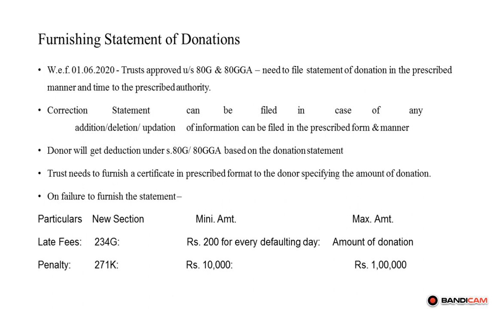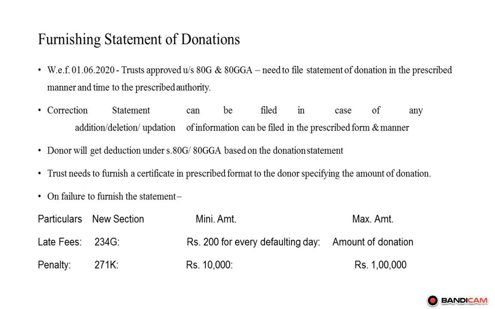A correction statement can be filed in case of any addition, deletion, updation of information, in the prescribed form and manner. If any correction, addition or deletion is made in the statement of donation, it can be filed in the prescribed manner to the authority.